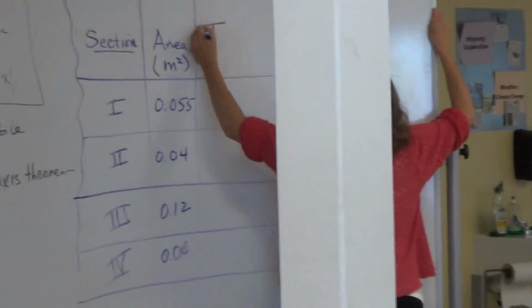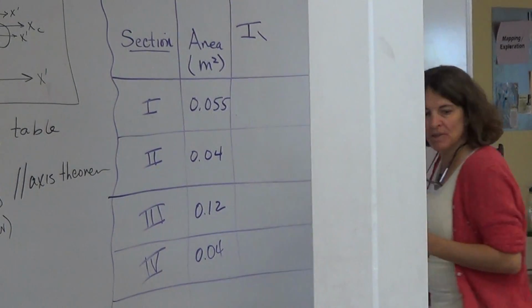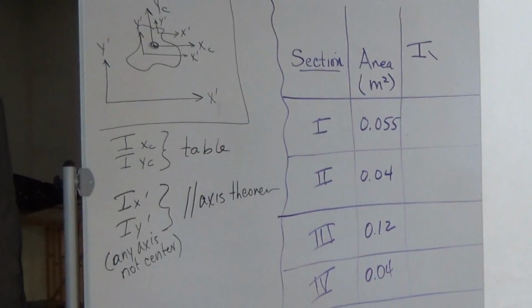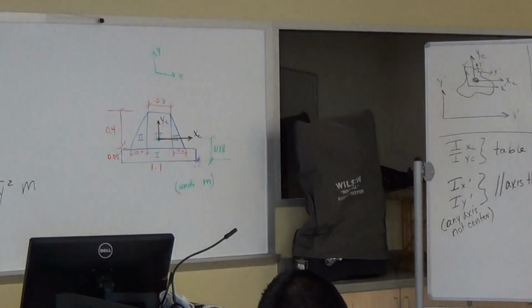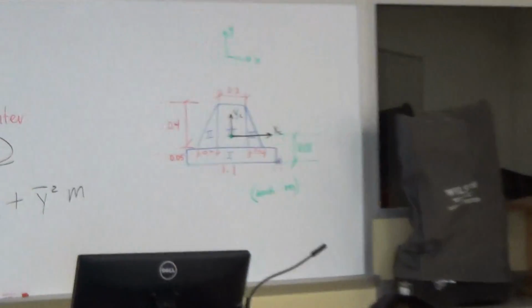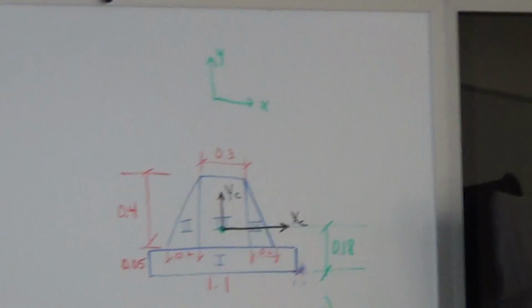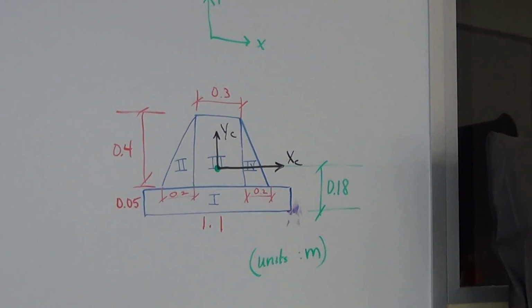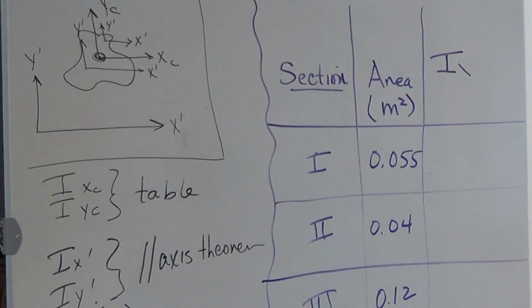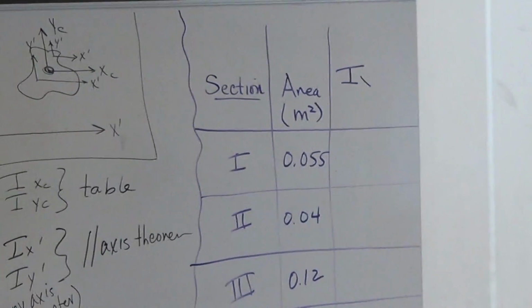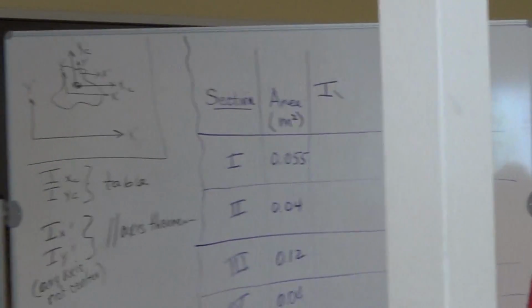How about we do the moment of inertia next? First of all, what is the problem when I find the moment of inertia about? So where's x prime? 0.4. It's not up 0.4, it's up 0.05 plus, oh, they want us to find that. So it's the centroid.